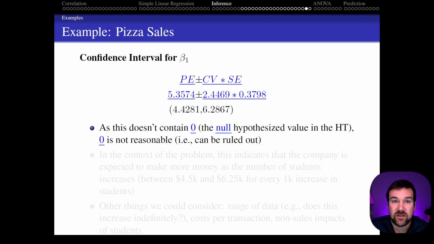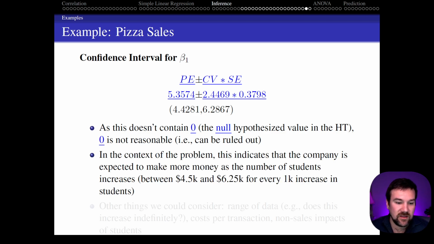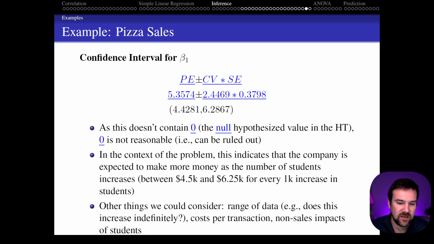Again, not 0, so saying students don't impact sales is not a reasonable thing. Reasonable is to expect it's anywhere between $4,500, say, and $6,000 in impact on sales. So yeah, in the context of the problem, the company is expected to make more money as the number of students increases, again, between $4.5 and $6.25 thousand for every additional 1,000 students.